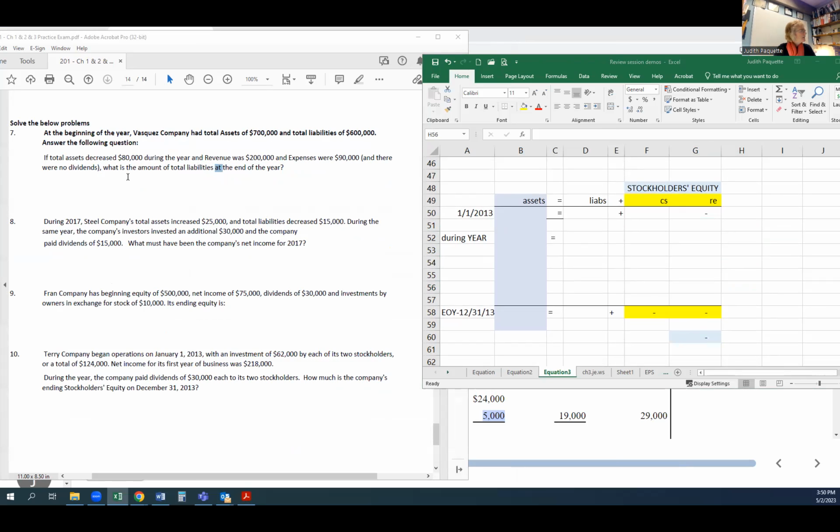At the beginning of the year, and we don't have dates here, I'm just making this up, they had total assets of 700,000 and total liabilities of 600,000.